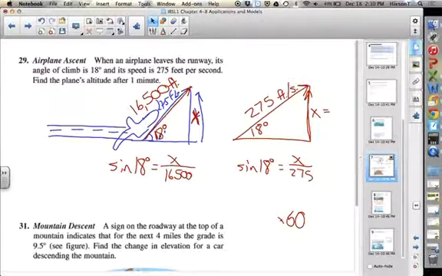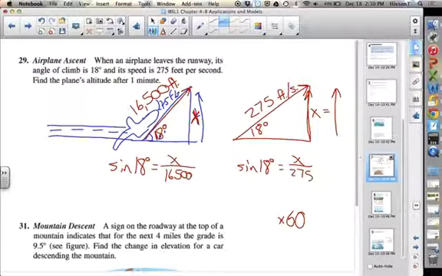That speed would be in feet per second, how fast your altitude is increasing. You multiply that by 60, and that'll give it to you. So you would get the same thing whether you did this over here, sine of 18 equals x over 16,500, or if you did this, sine of 18 equals x over 275, and then multiplied it by 60.